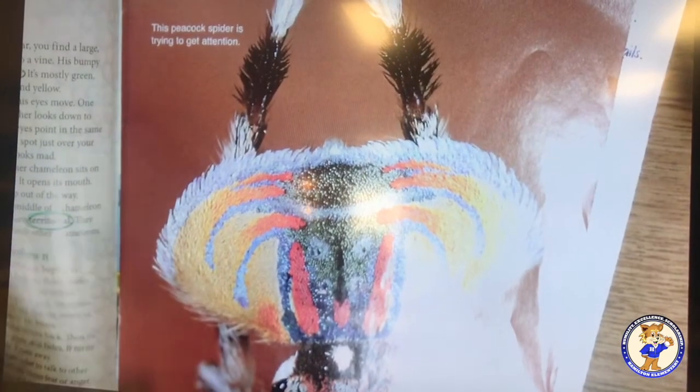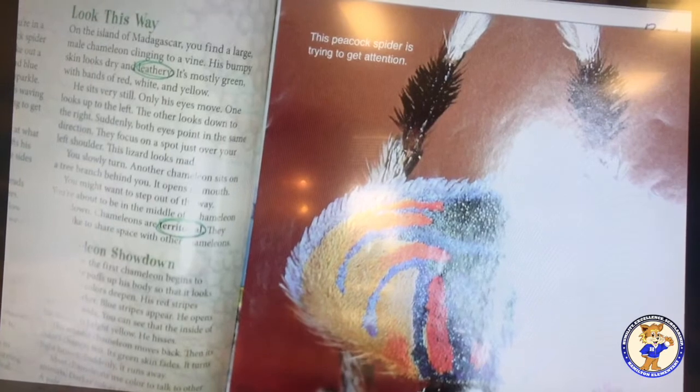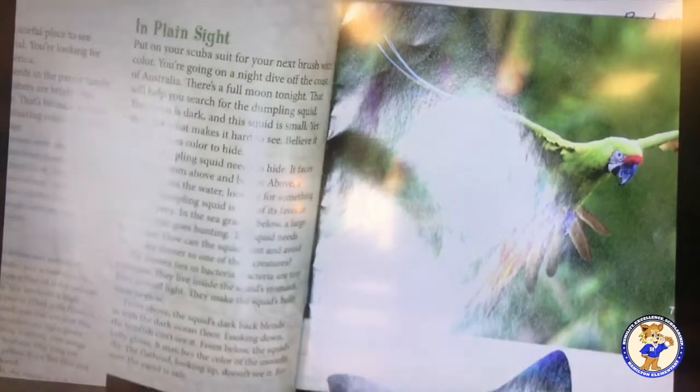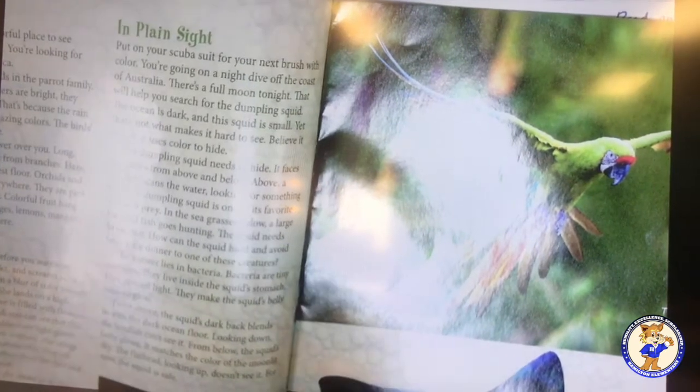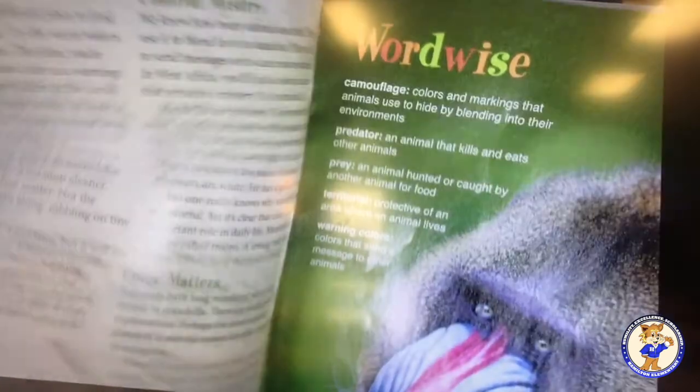I see they need to use color to show off, to get attention. I'm seeing they use color to communicate with each other, to blend in with their surroundings. I'm seeing lots of ideas repeated over and over and over again. That tells me that I have found the main idea.